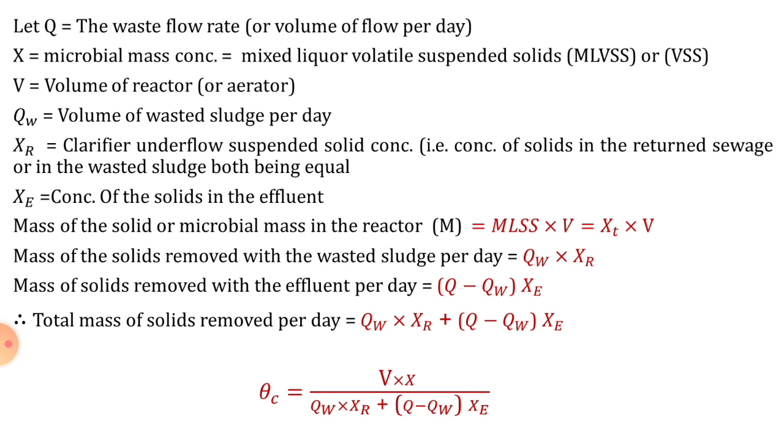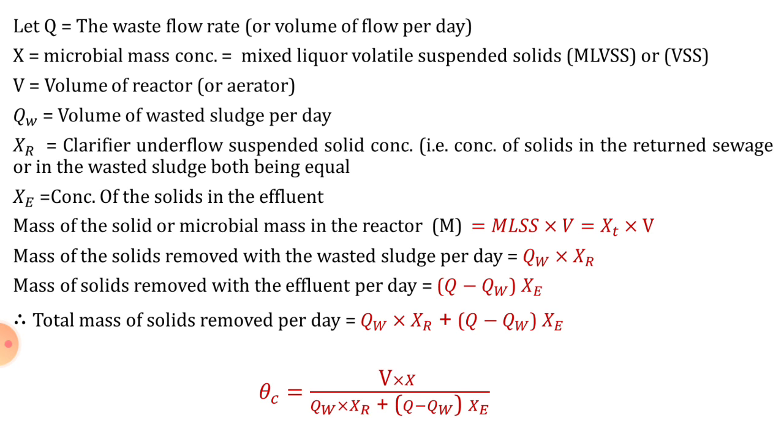Let Q be the wastewater flow rate or the volume of flow per day. X is the microbial mass concentration. We can use XT also. XT denotes the MLSS, whereas X denotes the MLVSS, which is usually 80% of the XT.